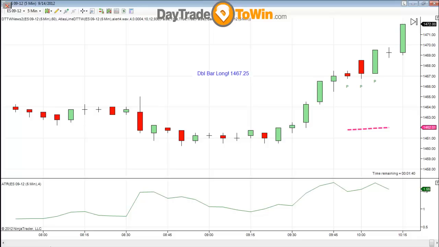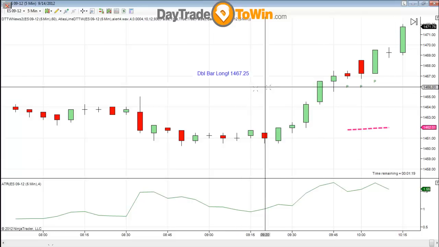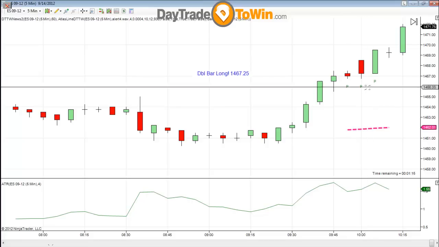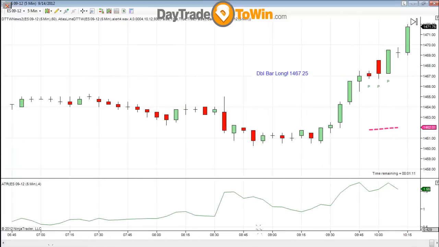So again, we have to think about the expectations. The expectation isn't that it's going to be a normal day. The expectation is that the market's going to flip-flop back and forth until that news event comes out, and then as soon as it comes out, it goes ballistic. So if you look at yesterday, and I'll go over this pullback trade in just a moment, why this occurred and how and why this happens for the Atlas line pullback trades.